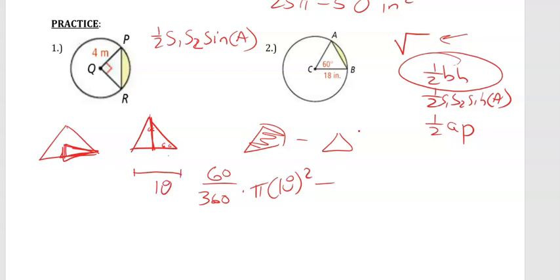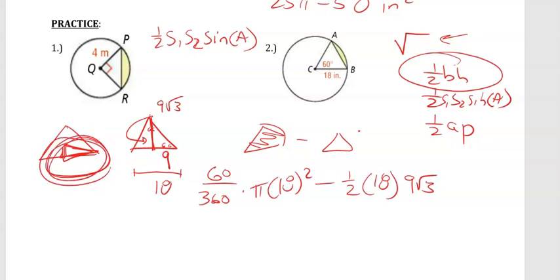That side must be what? 9, and then the height would be 9 rad 3. So we could do 1/2 base, 18, height, 9 rad 3. You would have gotten the same answer if you did 1/2 apothem times perimeter.